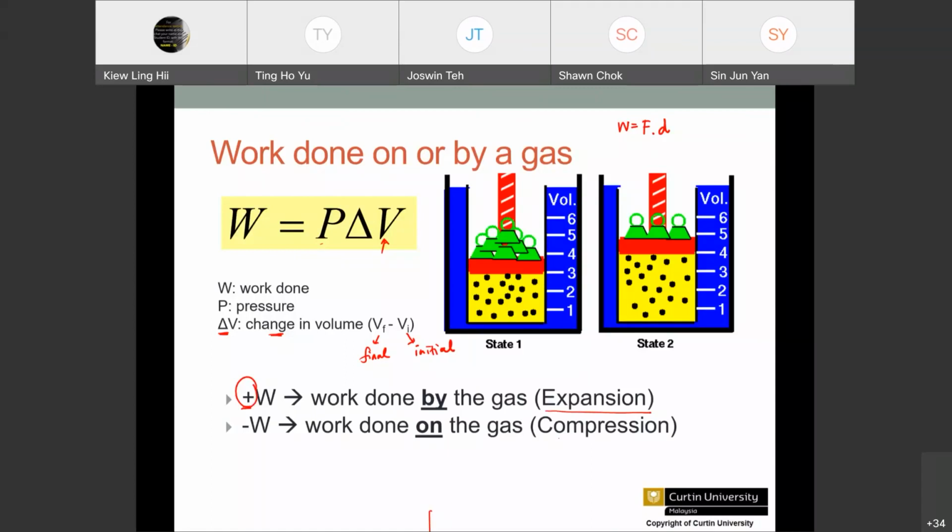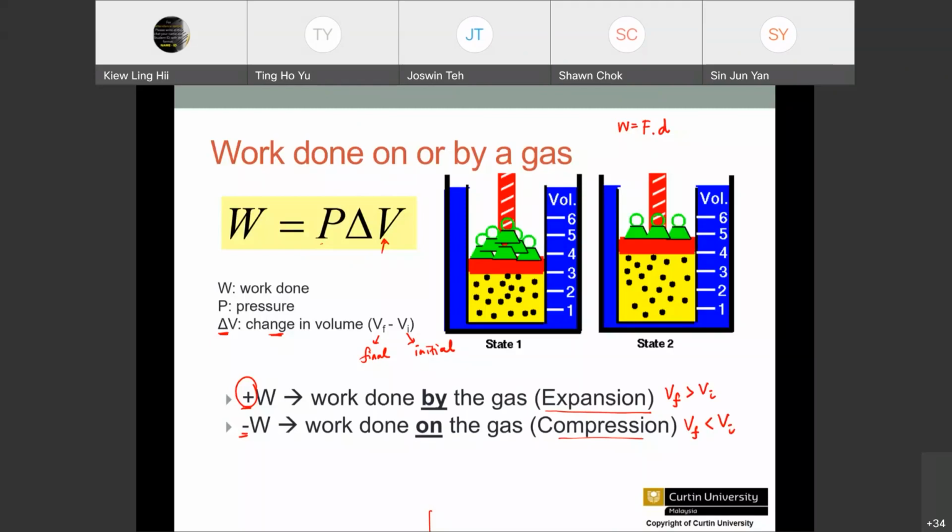During compression, there is no work done by the gas, but the surrounding is doing the work on the gas. Or we say the piston is doing the work on the gas by compressing it. So work done is negative. Expansion means your final volume is larger than the initial volume. Compression means your final volume is smaller than the initial volume.